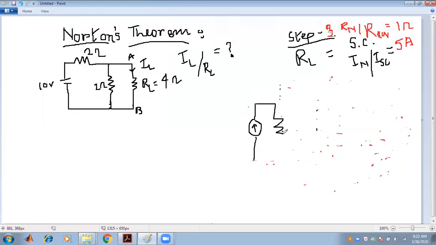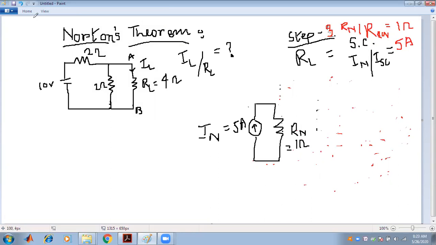These two must be connected in parallel. This is the IN that is given to us, our ISC, that is 5 ampere, along with RL, or the RN, that is R equivalent, which we have found is given as 1 ohm, and this must be connected in parallel.